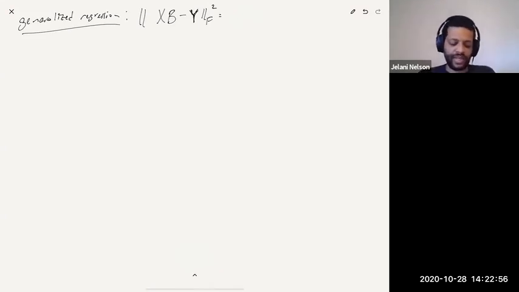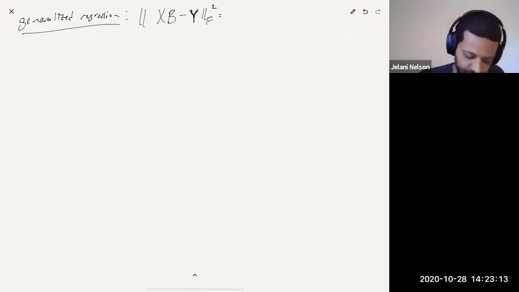Yeah, so basically the way to minimize this is to choose B so that XB is the projection of Y, column by column: you want to project each column of Y onto the column space of X. So let's say you want to minimize this.